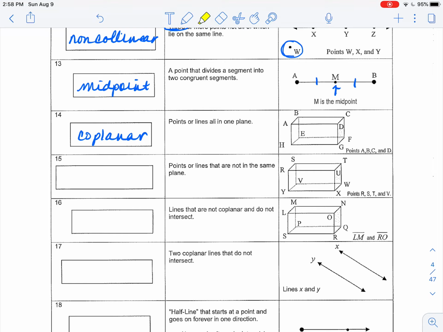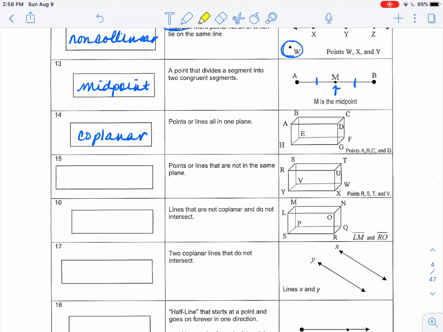If we take the front plane, A, D, H, and G, if we take the end plane, D, E, C, and G, those are coplanar points.